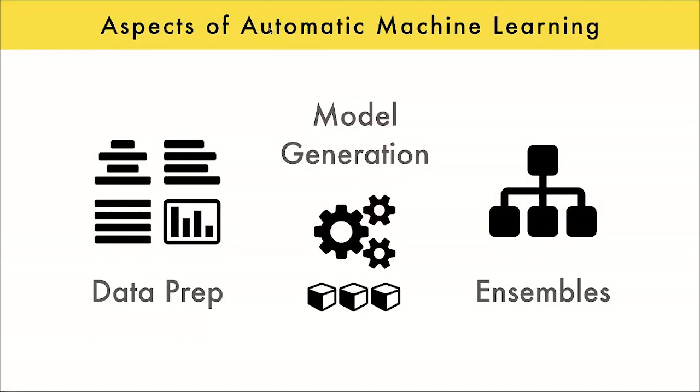So the act of generating a bunch of models and either choosing a single model from that group as the one that you want to use in production, or this last part is sort of an optional part of automatic machine learning, but I think it can be helpful, would be ensembling all the models together or some subset of the models together.